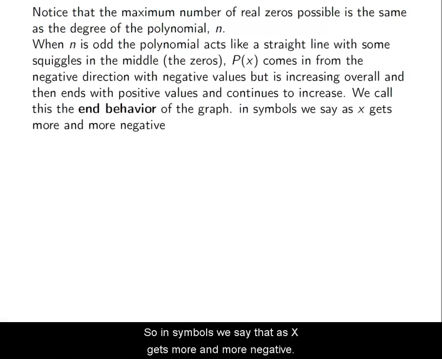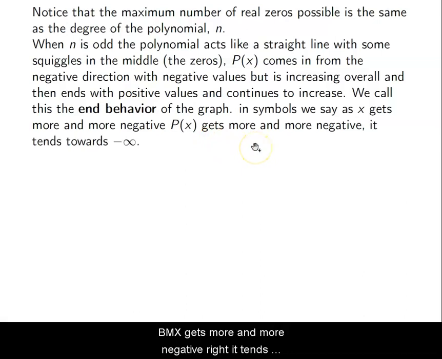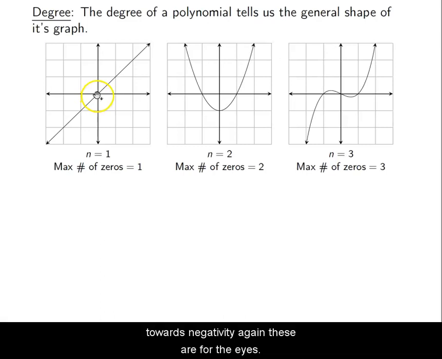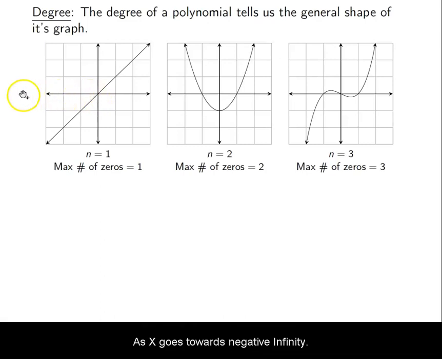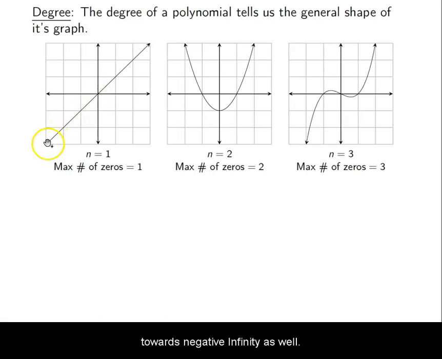So in simple terms, we say that as x gets more and more negative, P of x gets more and more negative, right? It tends towards negative infinity. And again, these are for the odds. As x goes towards negative infinity, the outputs of my odd degree functions get more and more negative. It goes towards negative infinity as well.